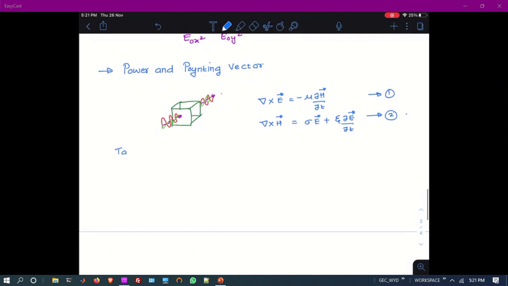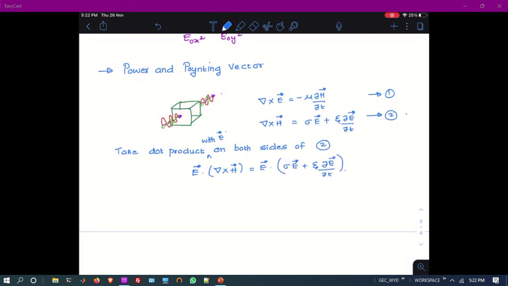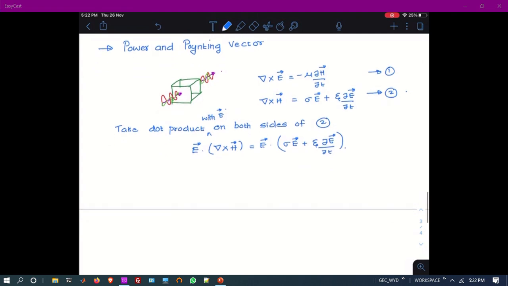Now let's take the dot product on both sides of equation number 2 with the electric field. So I have E dot del cross H is equal to E dot (sigma E plus epsilon dou E by dou t). Now I can take this E inside on the right hand side.